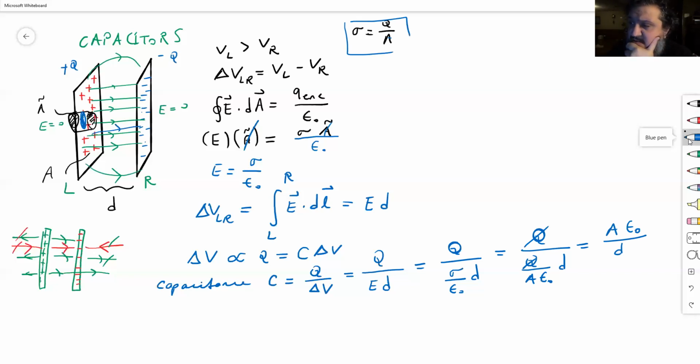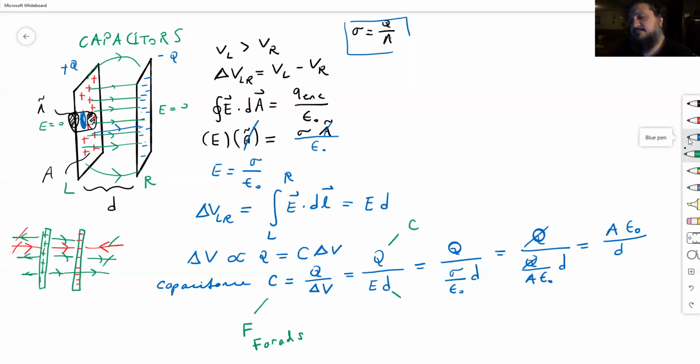So what about the units that we have here? So let's think about it. We can use any of the equations here to find units. This is measured in farads. But farads is a derived unit. So that will be equal to coulombs. All right, we have coulombs here.